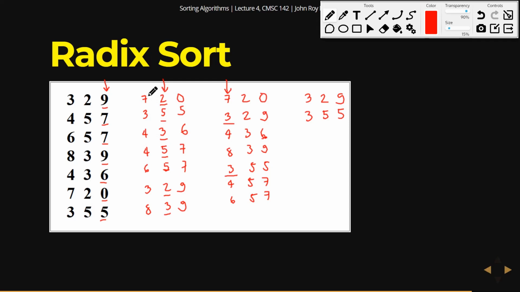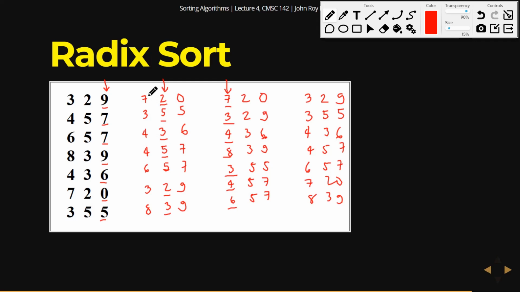Then next we have 436 and 457, and then the 6, which is 657, and then 7, 720, and last 839. So you have now sorted everything in the correct order: 329, 355, 436, 457, 657, 720, 839.